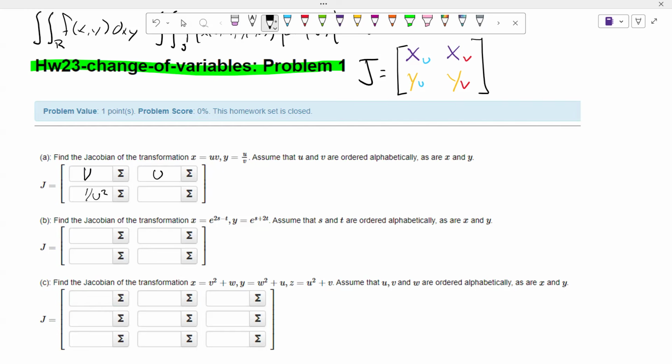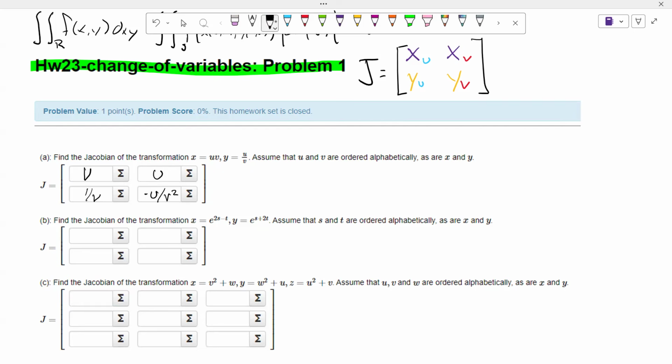And the derivative of y with respect to v is going to be negative u over v squared. I can see that something had gone wrong at first. That should have been a 1 over v, not a 1 over u squared. I don't even know where I got that u squared from. Probably just talking too fast. So that would be the 4 entries that go into our Jacobian matrix.